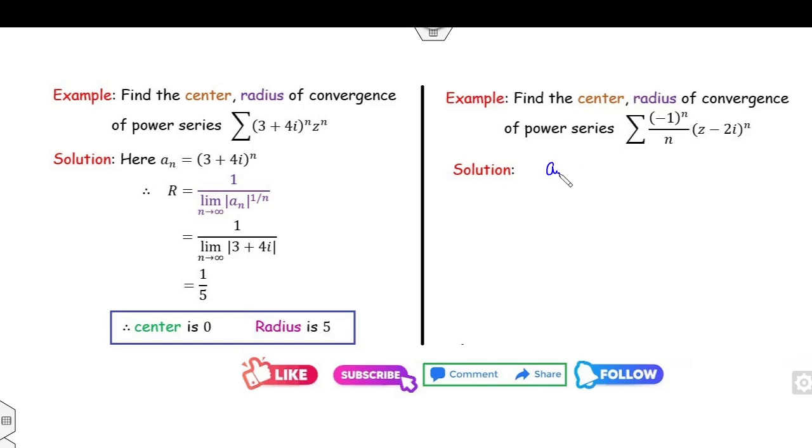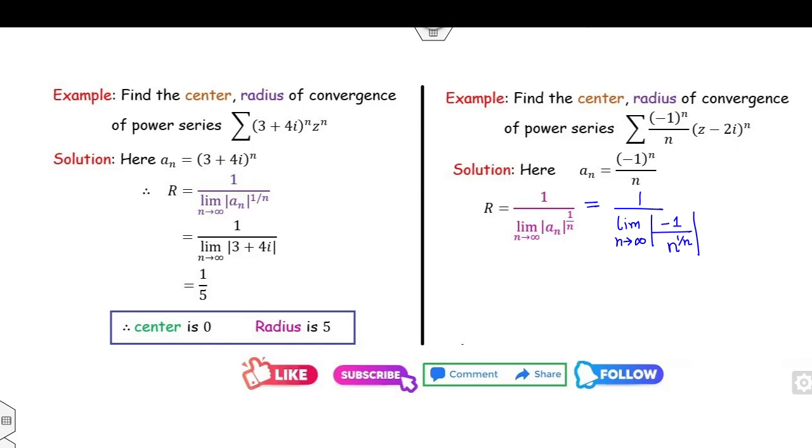Again, in this case you can find the value of a_n. Fine. Again, because the power n appears, I can start with the limit of the absolute value of a_n raised to 1 over n, that is minus 1 over n raised to 1 over n. What is the limit as n approaches infinity?